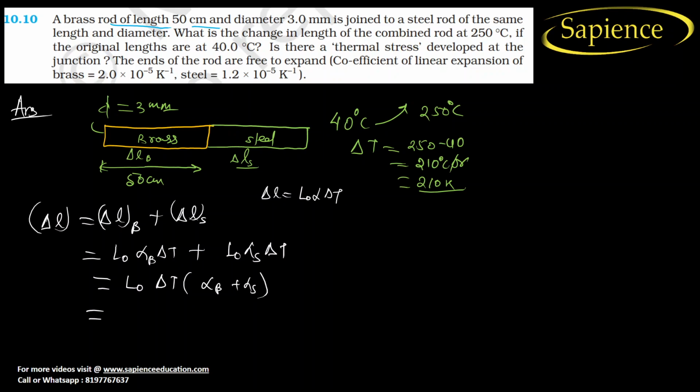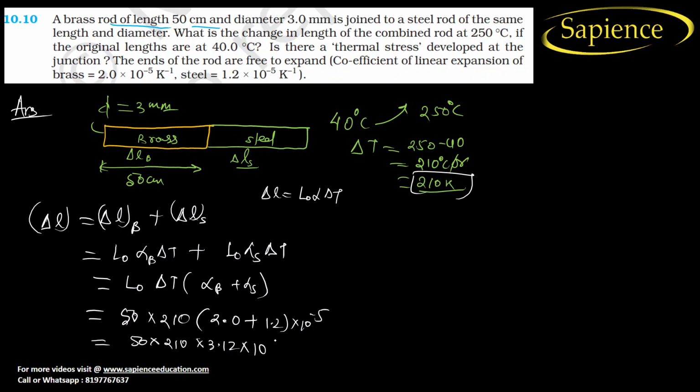So can we put in the values? The original length was 50 centimeter. We will take everything in centimeter only, so that we get the change in length in centimeter. So I have taken 50 centimeter into the change in temperature, 210, which we have already got. Alpha brass is 2.0 into 10 to the power minus 5, and steel has the same power, so we can take 10 to the power minus 5 as common. So we get 50 into 210 into (2.0 plus 1.2) into 10 to the power minus 5.